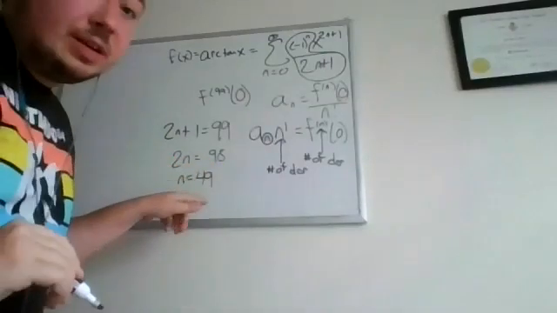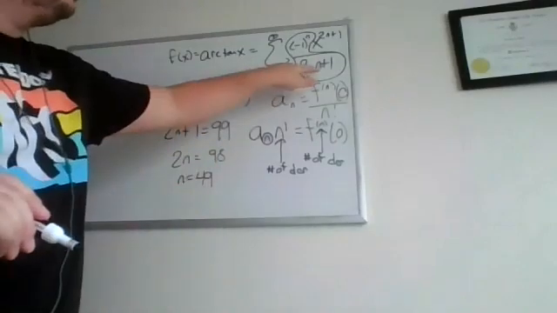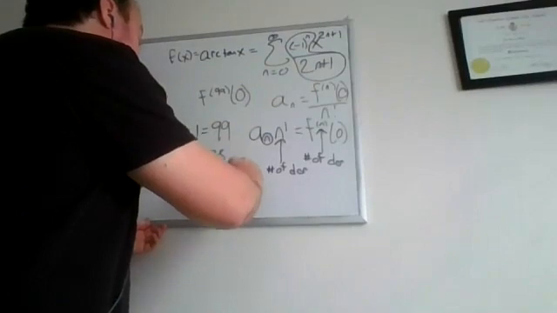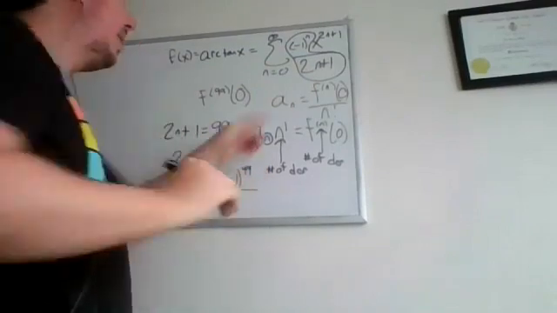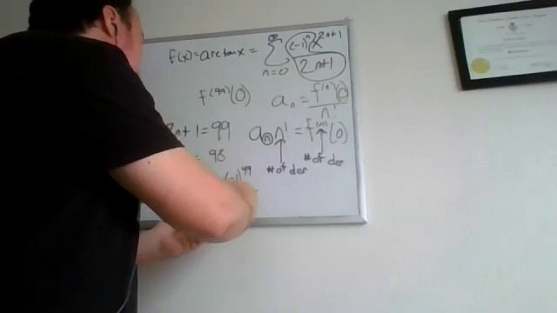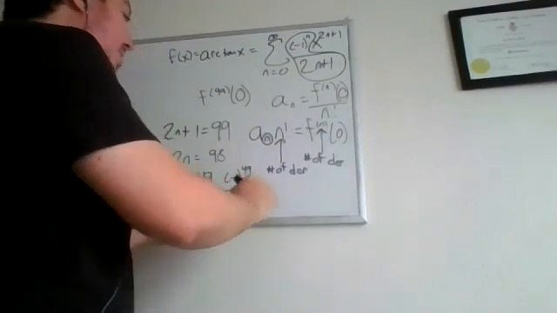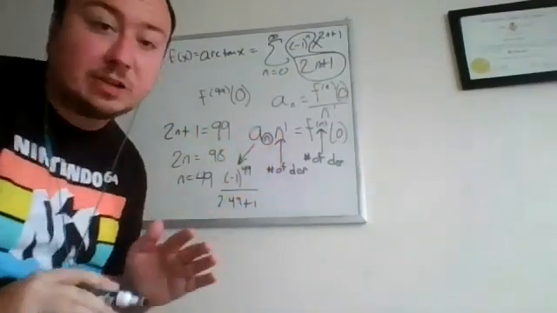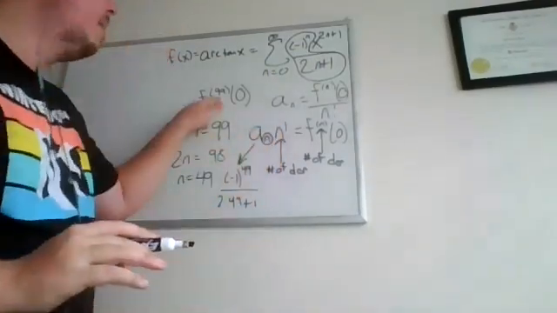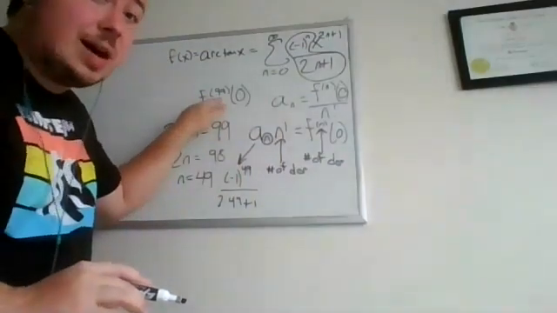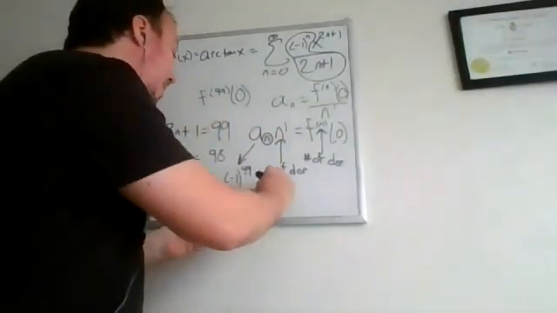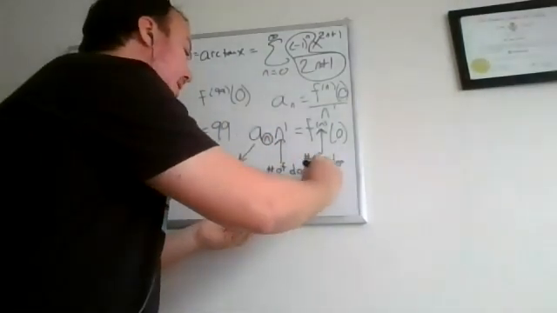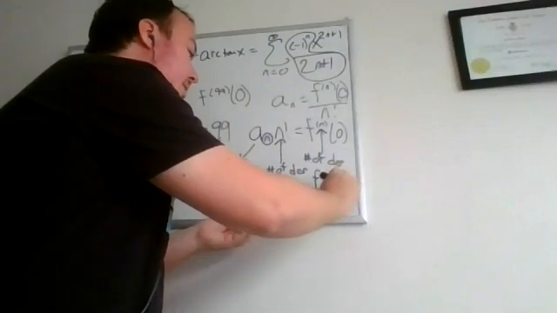So what we do is we take this n and put it in to here. So I have (-1)^49 divided by 2 times 49 plus 1. So this is my a sub n right here. Then I have the factorial. But remember, the factorial is going to be based on the number of derivatives, not on the n value. So I'm going to multiply by 99 factorial, and this will be my 99th derivative at 0.